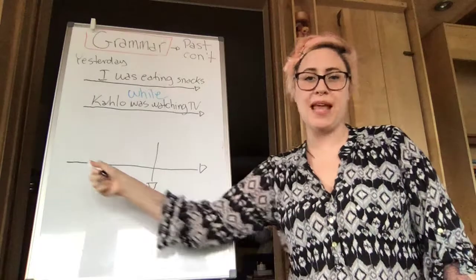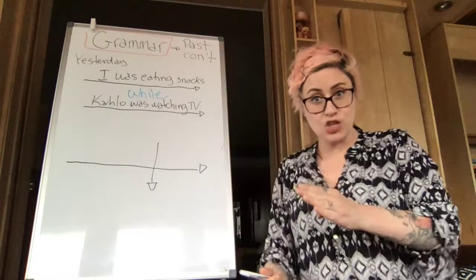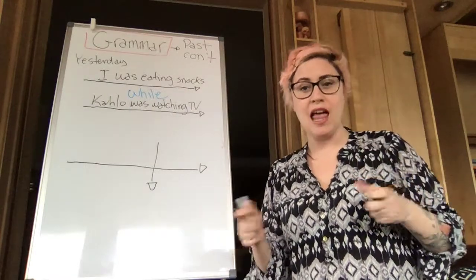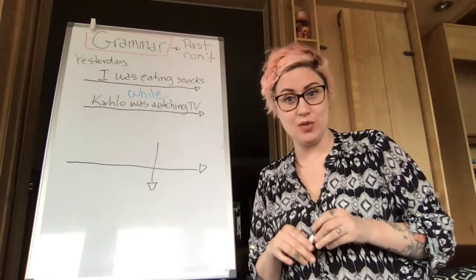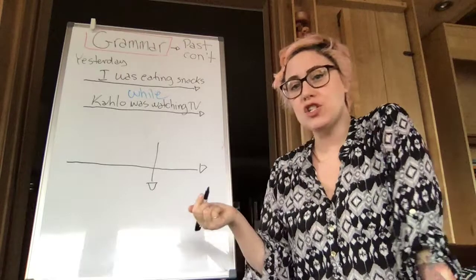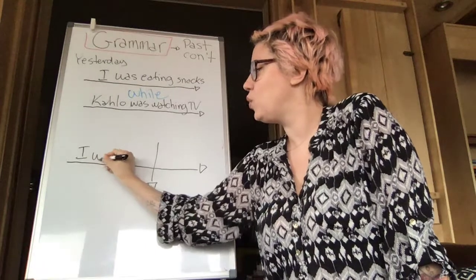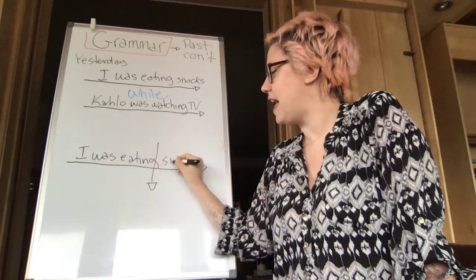So this is when we have a long continuous action that is interrupted by usually a short action. And we know if it's a short action, what tense do we use? Simple past. Okay, so here's my example. I was eating snacks.